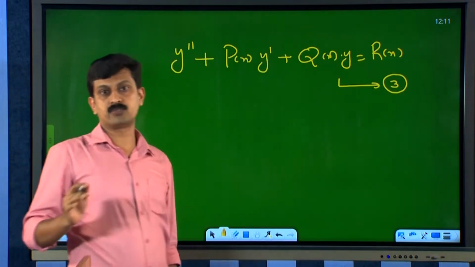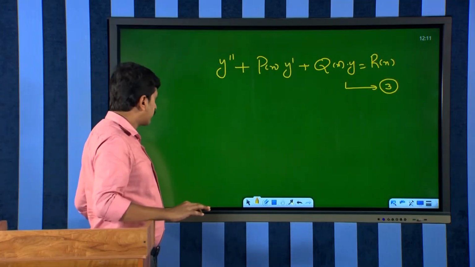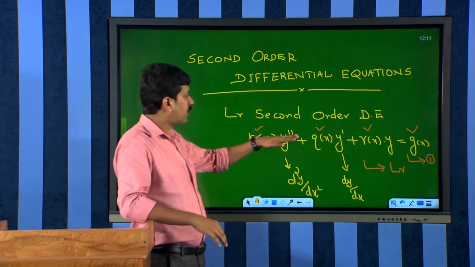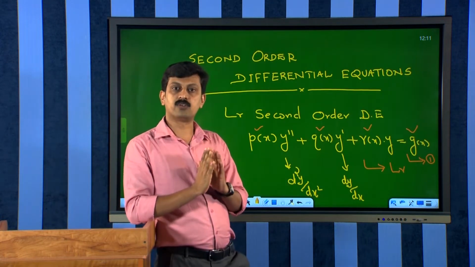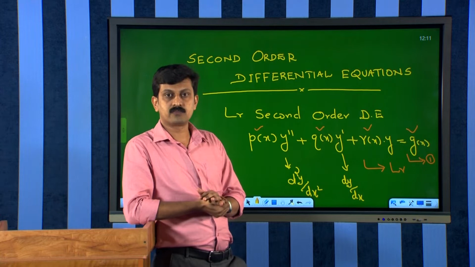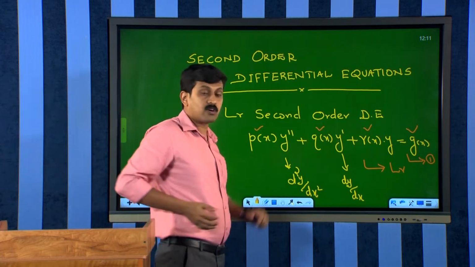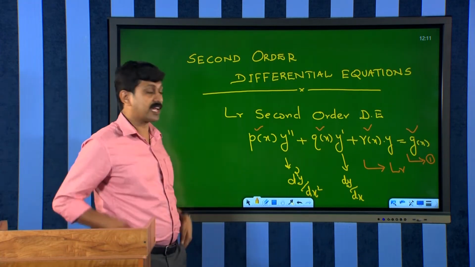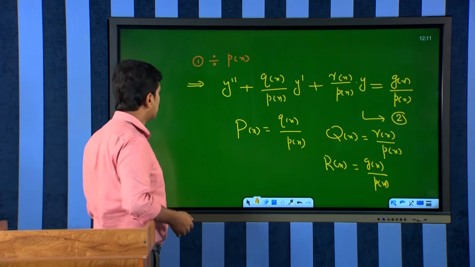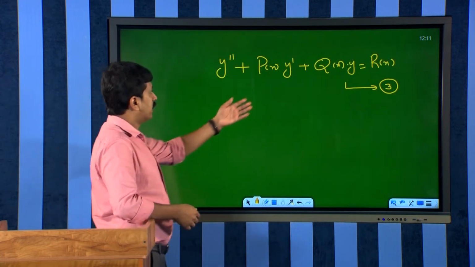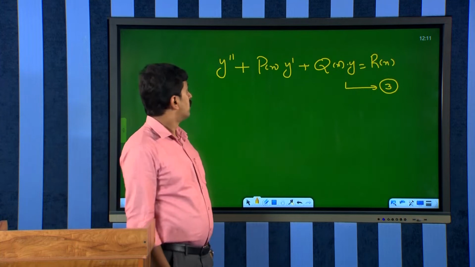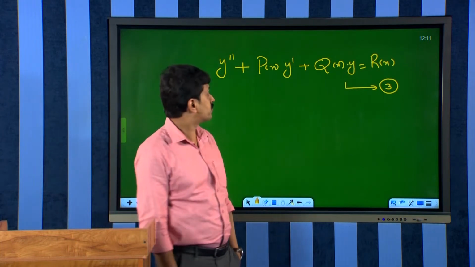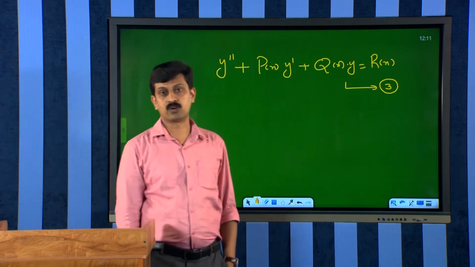My dear students, any equation of the form 1 is called a linear second order differential equation. Such a second order linear differential equation can be converted into a linear differential equation of the form y double dash plus P of x y dash plus Q of x y is equal to R of x.